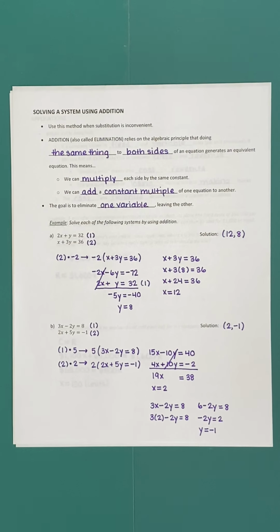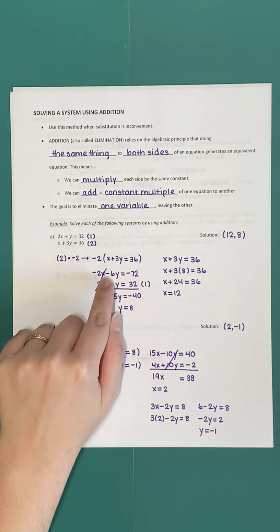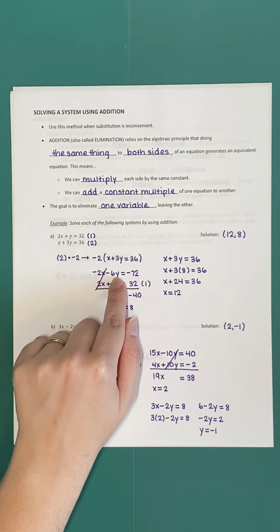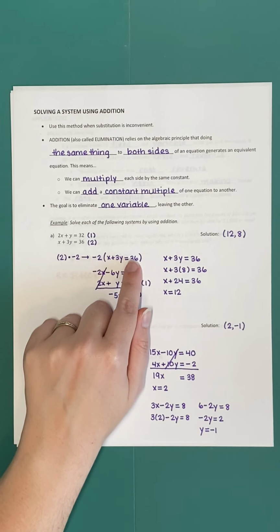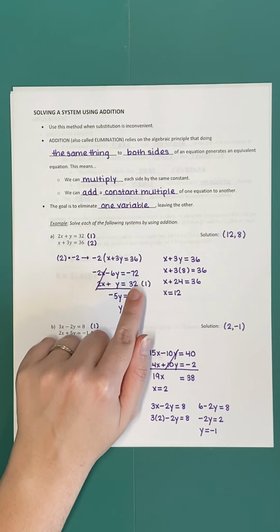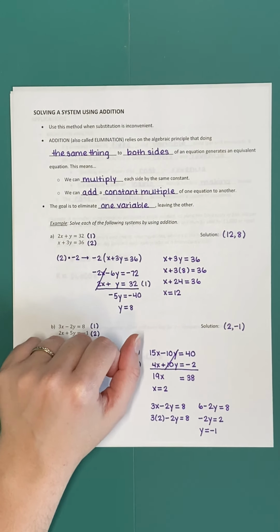You have to apply this operation to both sides in order to keep the equation in balance. So when I distribute that -2, that's going to be -2x. -2 times 3y is going to be -6y. And then -2 times 36 is going to be -72. Be very careful with your signs here. Flipping a sign, again, makes a big difference.